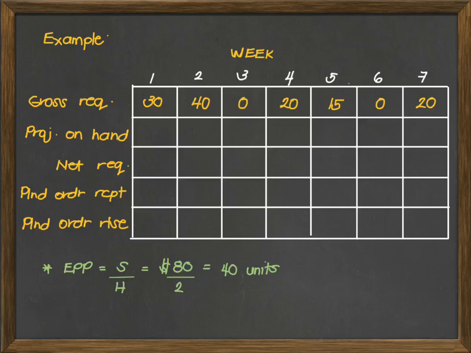Okay? So, there can be such cases. For example, in this scenario, let's say the maximum gross requirement that we can see is 50. 50 is the maximum units, but the EPP we solved is only 40. So, PPB is not applicable for that particular problem, and we are to choose between L4L and EOQ only for that specific problem.